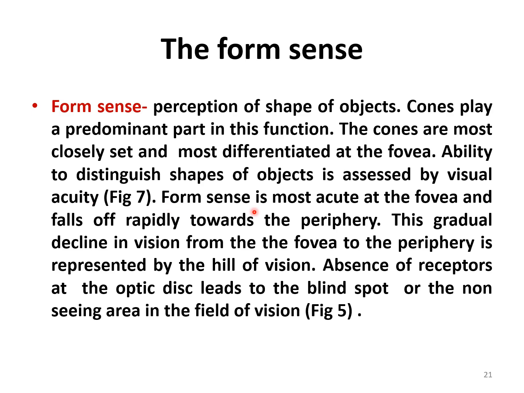Form sense is most acute at the fovea and falls off rapidly towards the periphery. This gradual decline in vision from the fovea to the periphery is represented by the hill of vision. Absence of receptors at the optic disc leads to the blind spot or the non-seeing area in the field of vision. This is shown in figure 5.